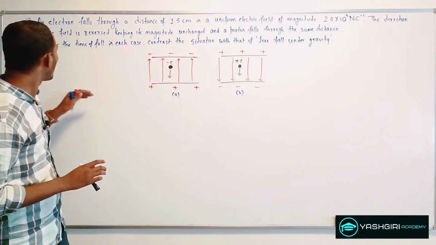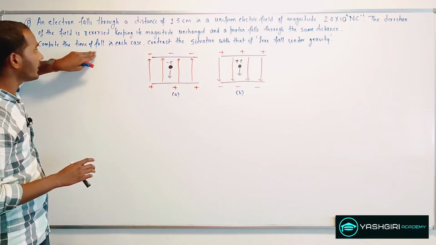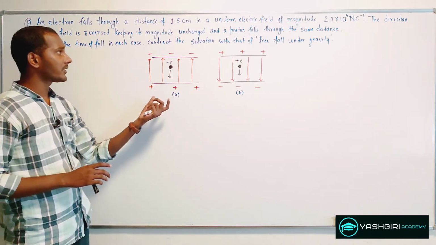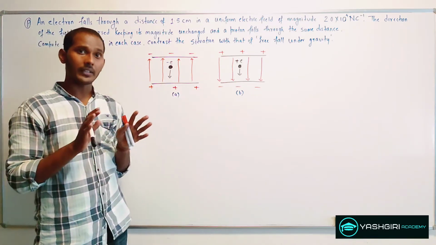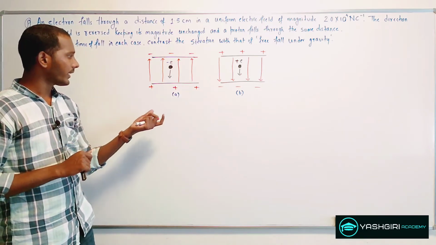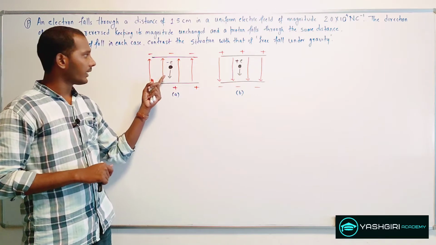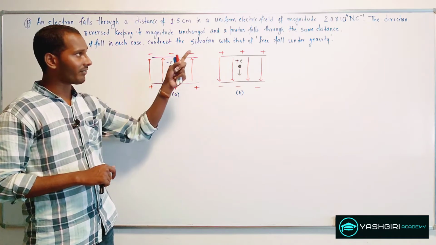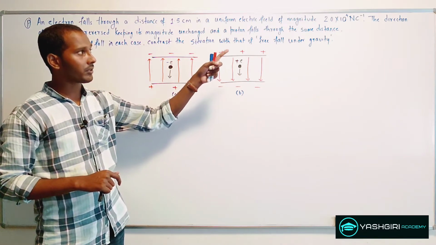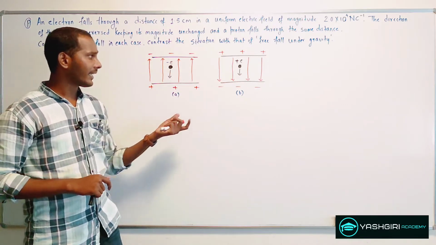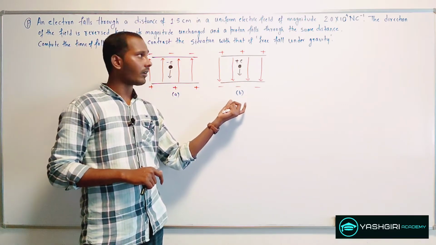So here we are told to compute the time of fall in each case and contrast the situation with that of free fall under gravity. So here we are given two cases. In case A, we have an electron falling in a uniform electric field of magnitude 2 into 10 to the power 4, and in case B we have a proton falling.